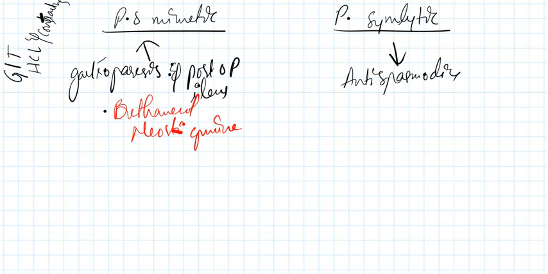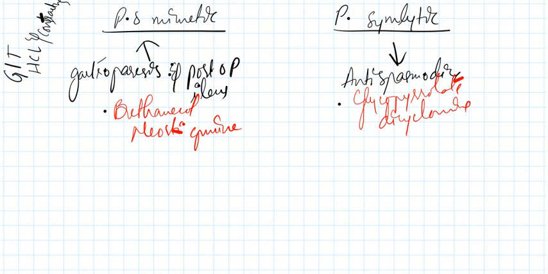What is meant by spasm? It's a prolonged contracted state of the muscle that leads to spasmodic contraction, which leads to pain. So we give antispasmodics, that is parasympatholytic drugs, which decrease the contractions. Examples are glycopyrrolate and dicyclomine, followed by scopolamine.